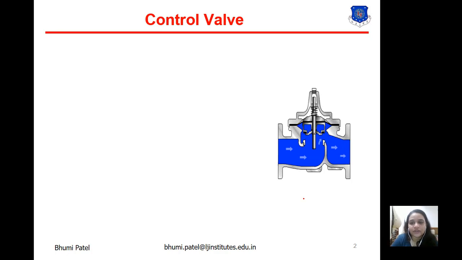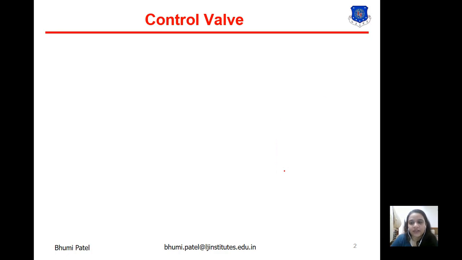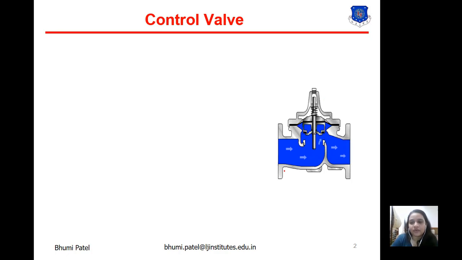Here you can see one type of control valve mechanism. In this diagram, whenever the valve is in the closed position, no flow is there on the output side, and when the valve is in the open condition, flow goes from input to output.